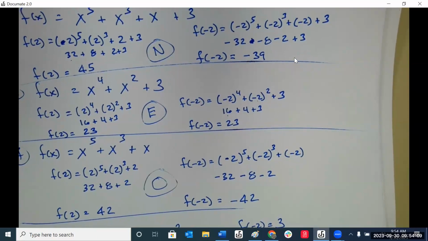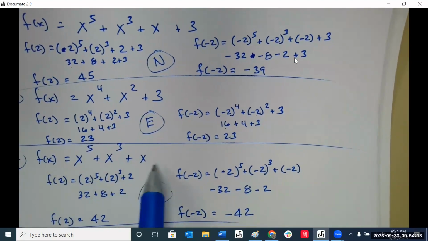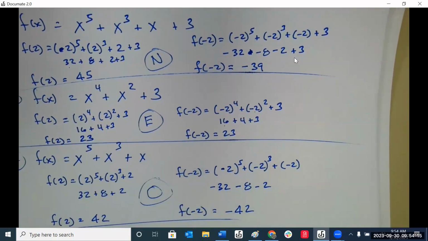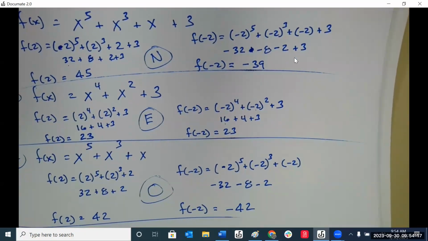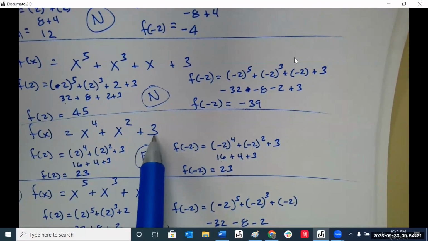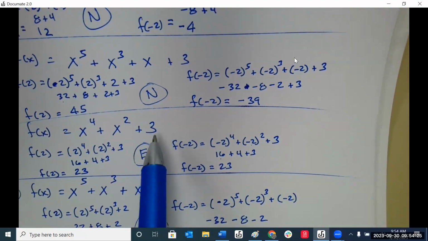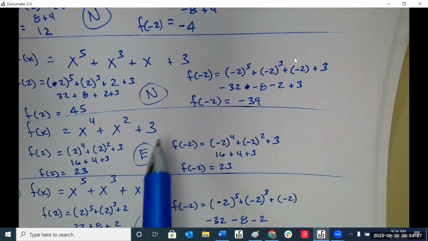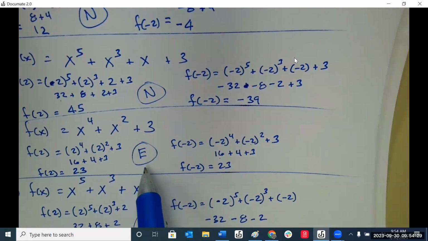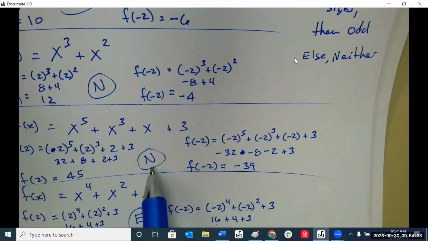So odd functions cannot have constants in there at all because they're even. Even functions can have a constant in there. So that's the first thing you notice. If a function has an even constant in there, it's either going to be neither or even.